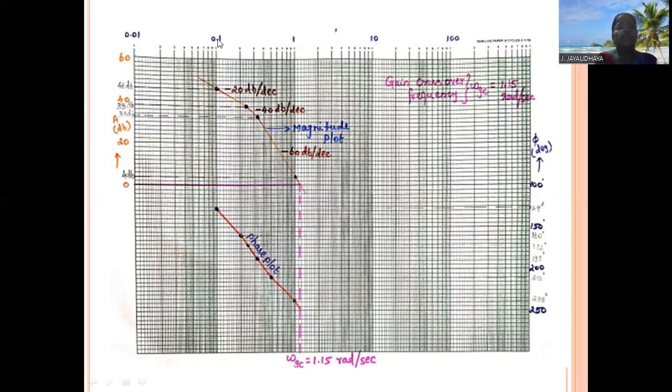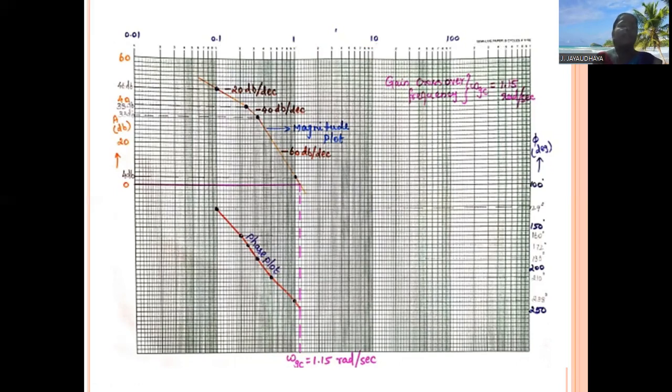This is 0.1. Similarly, 0.2, 0.3, 0.4, 0.6, 0.7. Then this is 1. Then next 2, 3, 4, 5 like that. Here 10, 20, 30, 40, 60, then 100. Then 200, 300, 400, 500 like that. Then this is 1000. So this is your x-axis. The x-axis value is omega, and the unit is radian per second.